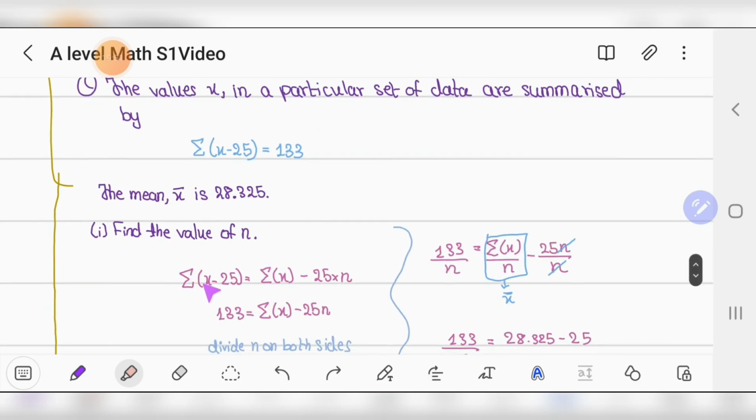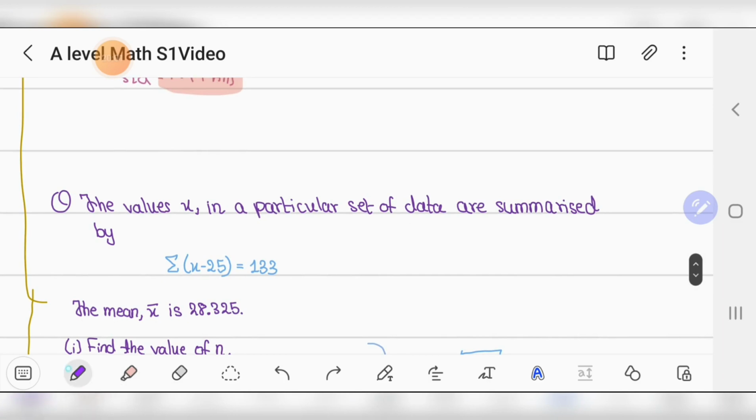Okay, and I only know this, and I need to know this. Let me think. So I know 28.325 and find the value of n, right? I need to find the value of n, and I need to know this.